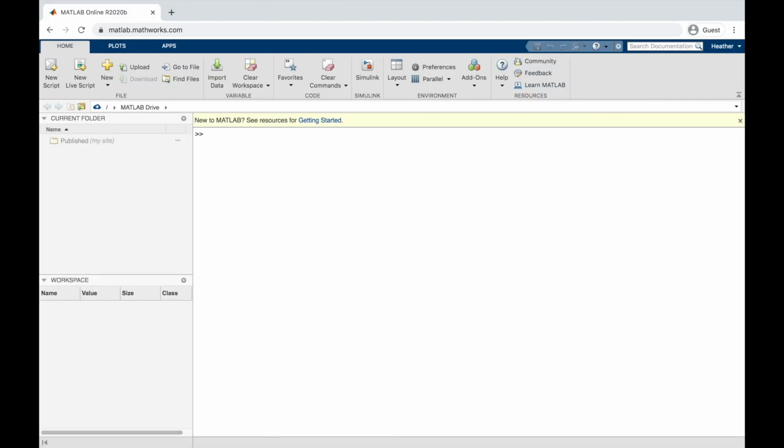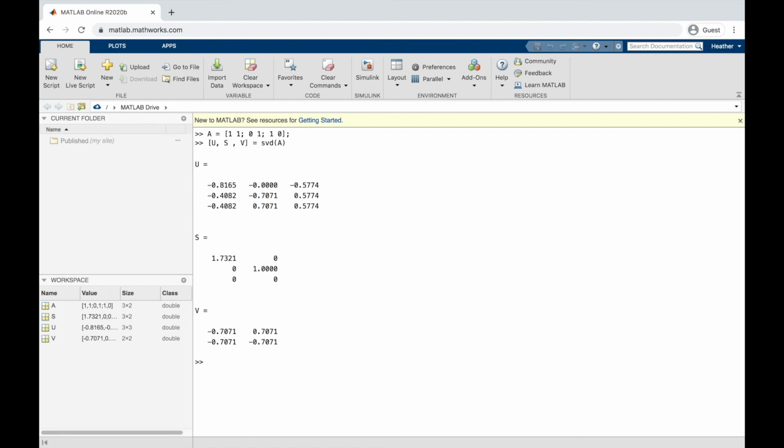To demonstrate this, I have MATLAB open in my browser. I start by typing in the matrix A, 1, 1, 0, 1, 1, 0. We then do square brackets with U, S, V equal to, and the command is svd A. And then we get our matrices U, S, and V. So if I look at that matrix S, those singular values are the square root of 3 and 1.